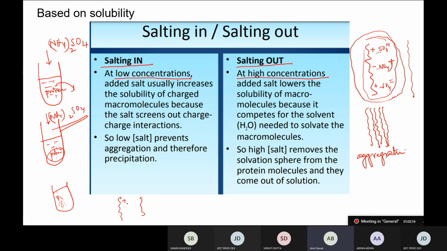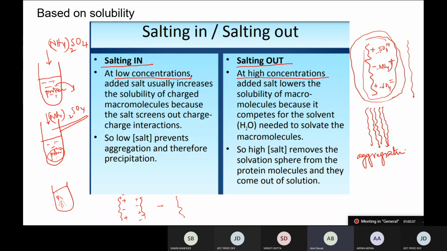So there is a plus charge, there is a minus charge, there is a plus charge, and this protein has, suppose again similar, because it's the same type of molecule, minus charge here, plus charge here, plus charge here. Now it will interact. They put one more minus charge here, one more minus charge here.